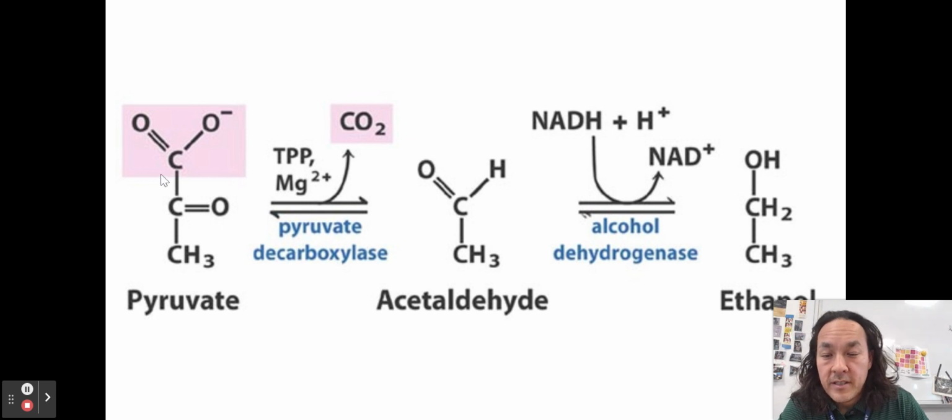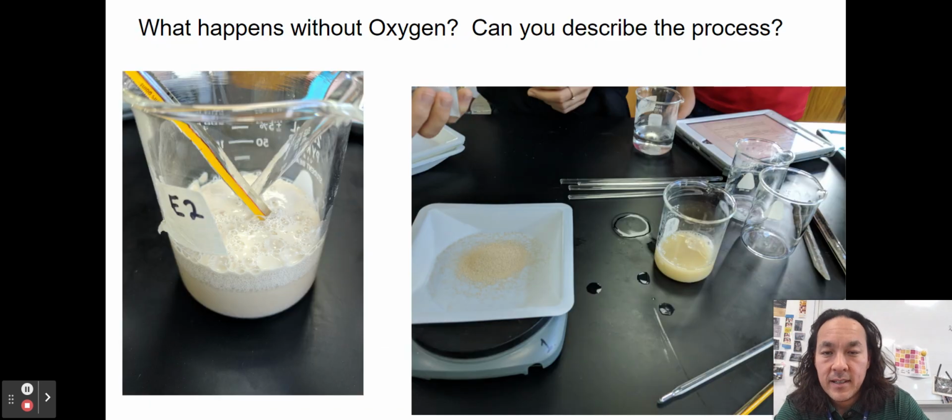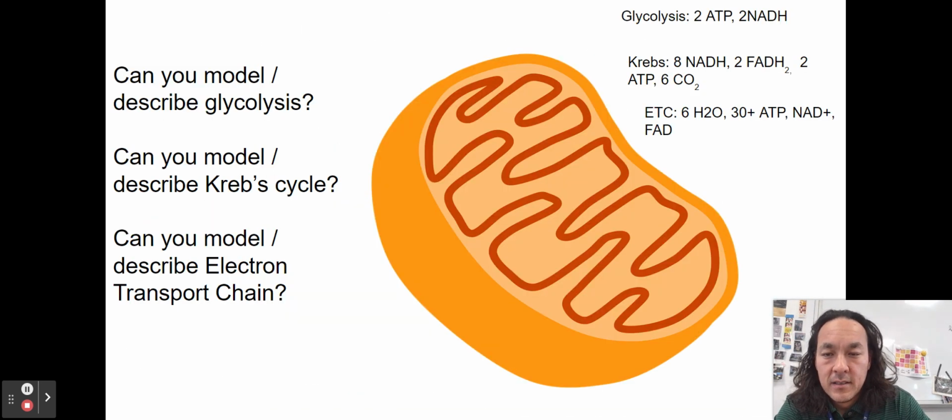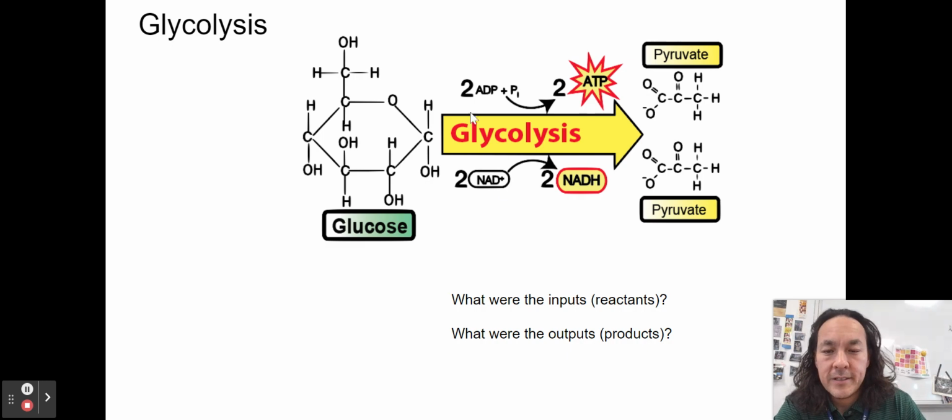So to continue glycolysis, right, to continue having enough NAD+, remember glycolysis was, we'd have to go way back, is here, where we're going to make pyruvate from glucose and make a bit of ATP.